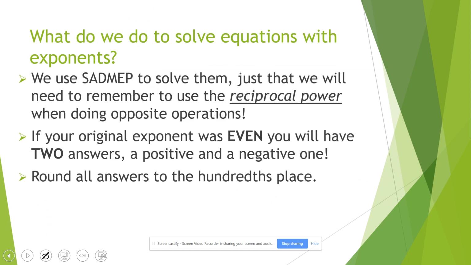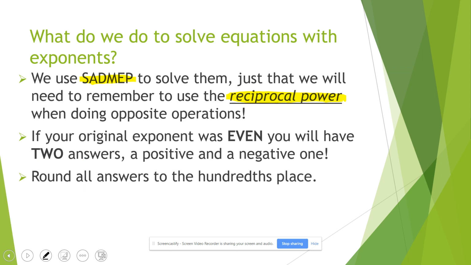So now we have variables coming in, and we're going to solve equations with these rational exponents. We're going to use backwards order of operations to solve them, just like a regular old equation, SEDMA. It's just that in order to solve them, we need to use the reciprocal power for opposite operations.